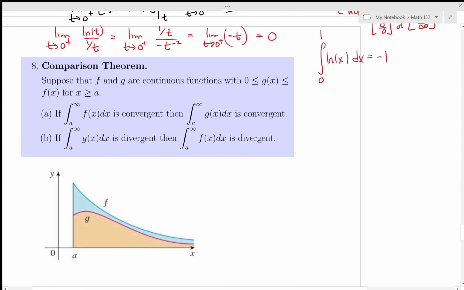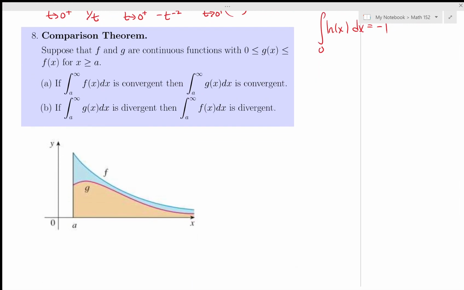Okay, so here is the comparison theorem. We have two functions, f and g, and g is smaller than f, as shown in the graph, over the entire area that we're going to want to integrate. Now, if the bigger one is convergent, then something smaller is convergent. That's statement 1 right here.